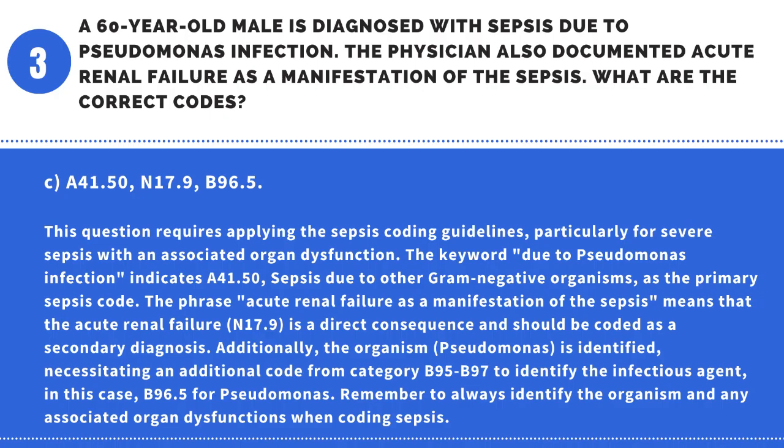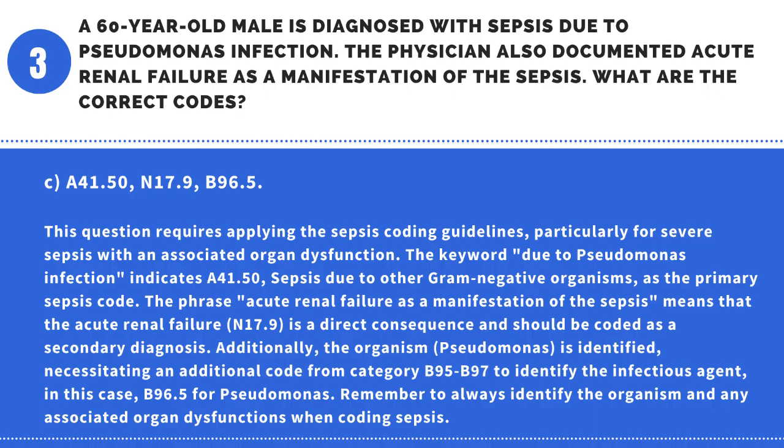This question requires applying the sepsis coding guidelines, particularly for severe sepsis with an associated organ dysfunction. The keyword "due to Pseudomonas infection" indicates A41.50, sepsis due to other gram-negative organisms, as the primary sepsis code. The phrase "acute renal failure as a manifestation of the sepsis" means that the acute renal failure, N17.9, is a direct consequence and should be coded as a secondary diagnosis.